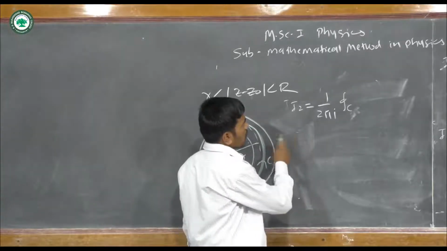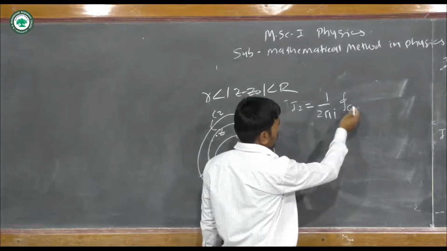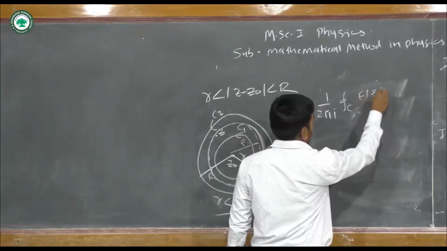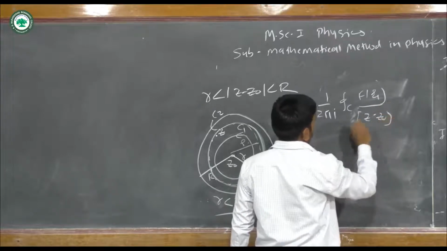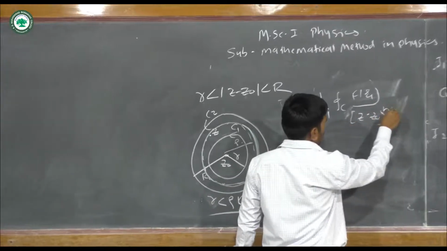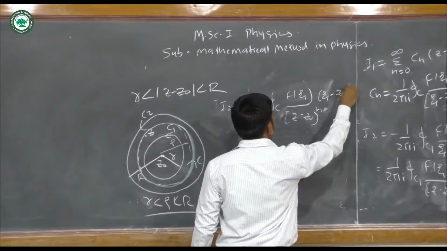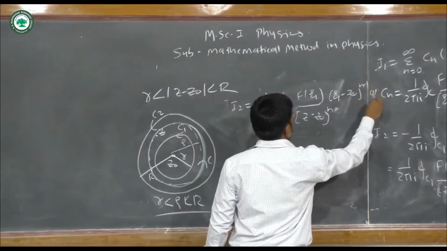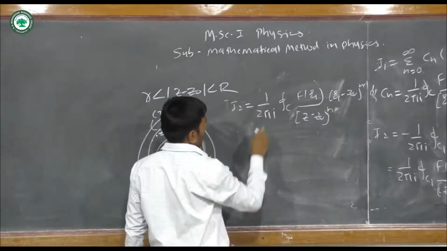If we change the path, the integral does not change its value. So it is f of psi divided by z minus z naught to the power n, and here (psi minus z naught) to the power n minus 1 d psi. Okay, so this is I2.